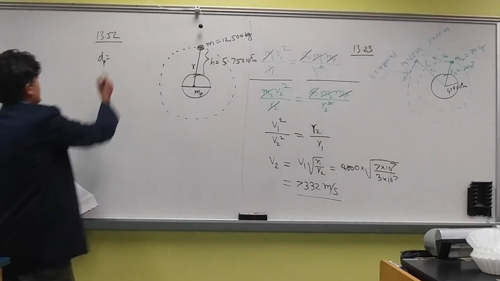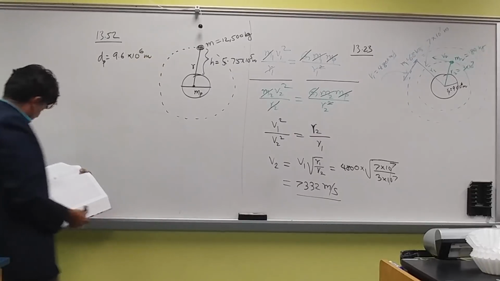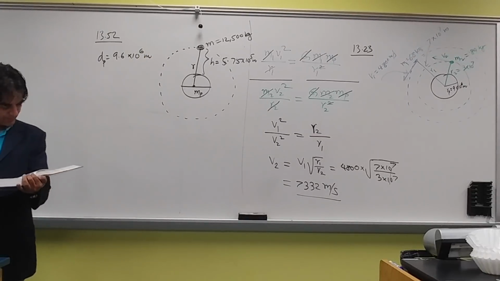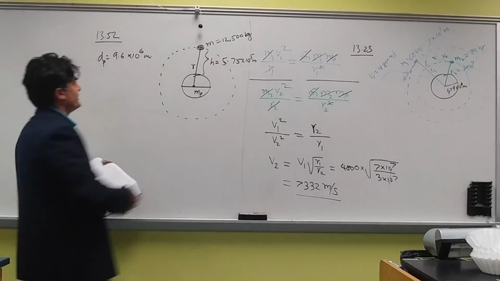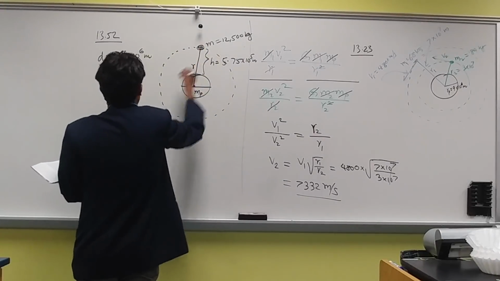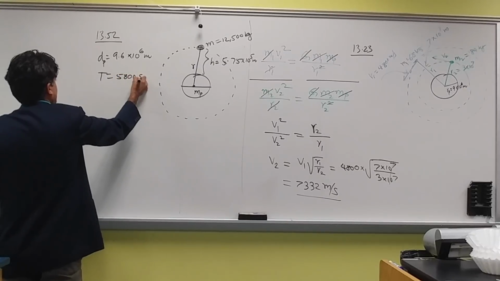And what more information is given is the period of the orbit is 5800 seconds. So time period is 5800 seconds.